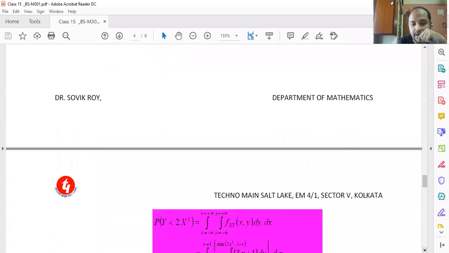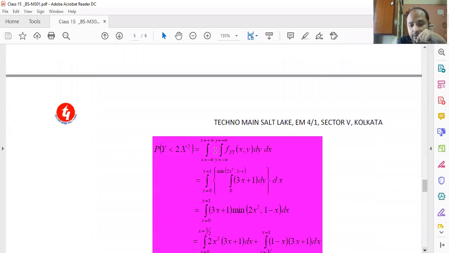So what have I done? First of all, we have written the original formula, and then we are first integrating the integrand with respect to y. Now the function has taken the form 3x plus 1. And after that we are integrating with respect to x, but x will vary from 0 to 1. What will be the variation of y?